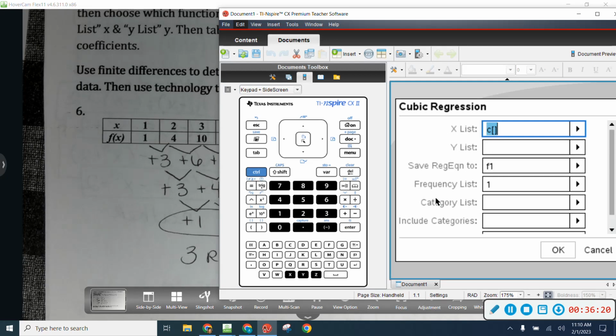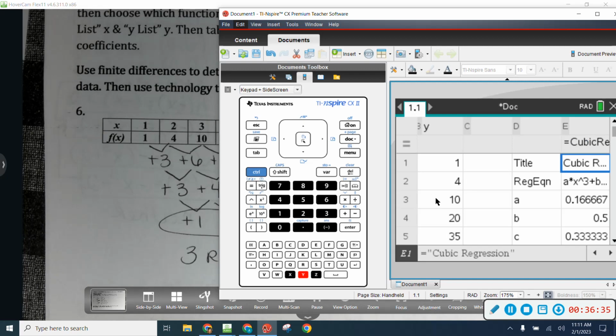My x list, we're going to do x. Y list, we do our y. Y'all vaguely remember this now? Enter, enter. Now, if I'm doing cubic, that's y equals ax cubed plus bx squared plus cx plus d.